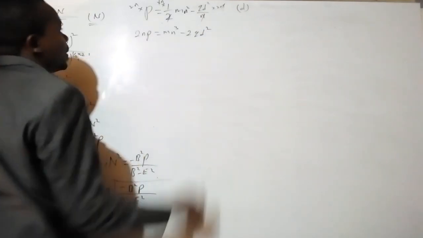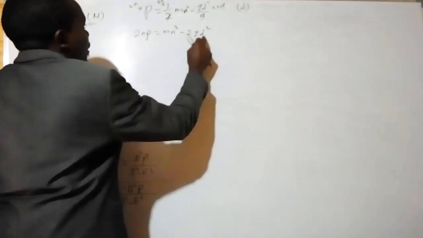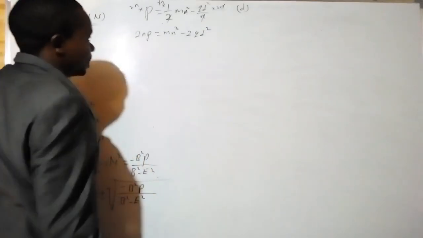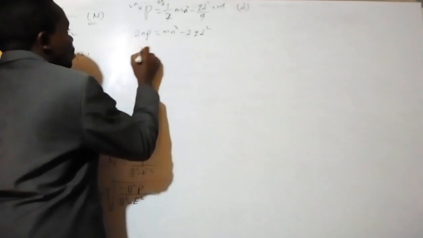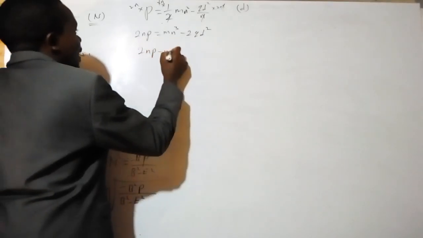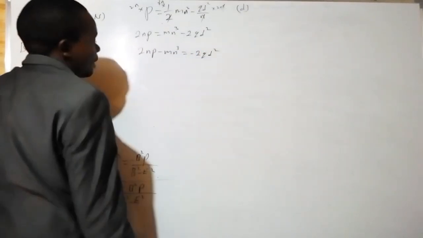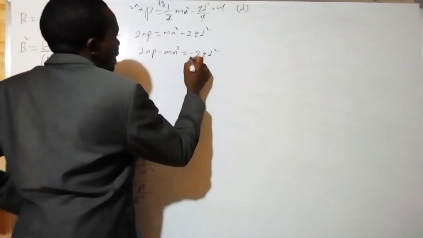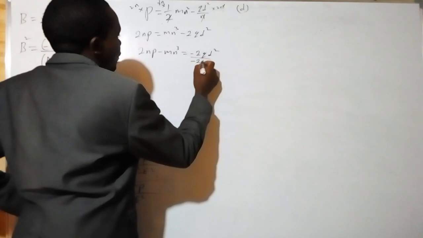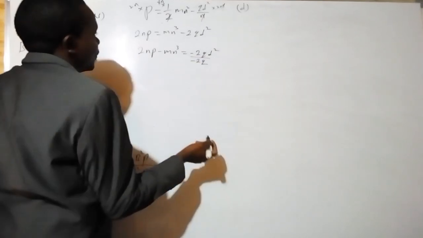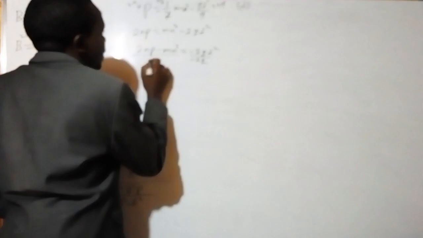We are supposed to make d the subject of the formula, so we leave d on our right hand side. To have 2np minus mn cubed is equals to negative 2qd squared. Then after that we divide the whole of this by negative 2q.